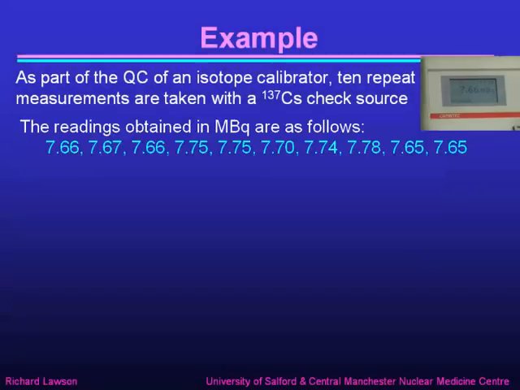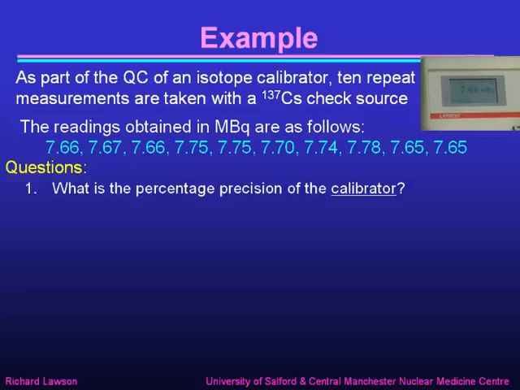So we saw there that the 10 readings that we obtained were 7.66, 7.67, 7.66, 7.75, 7.75, 7.70, 7.74, 7.78, 7.65 and 7.65 megabecquerels.